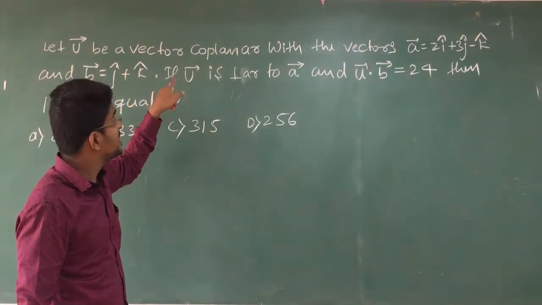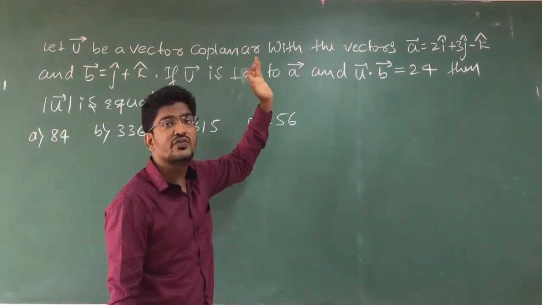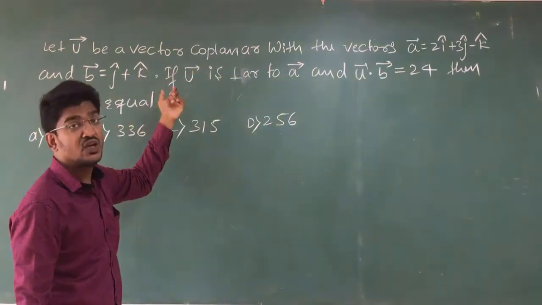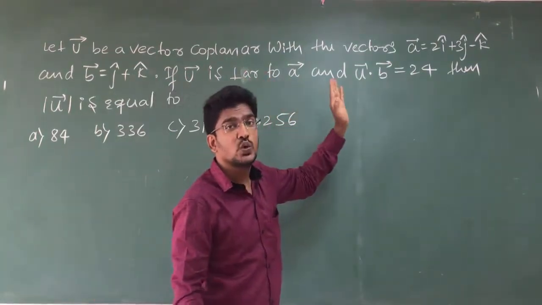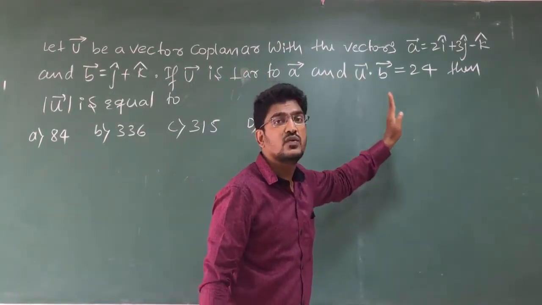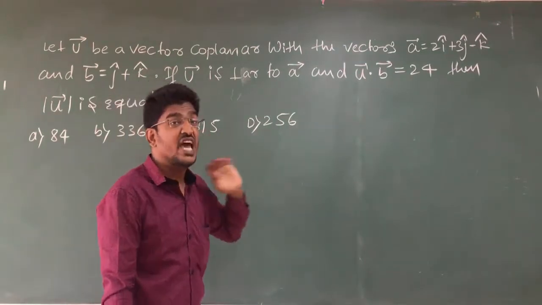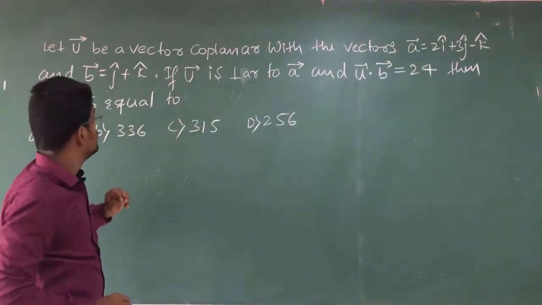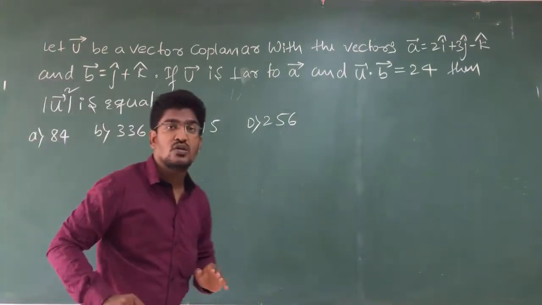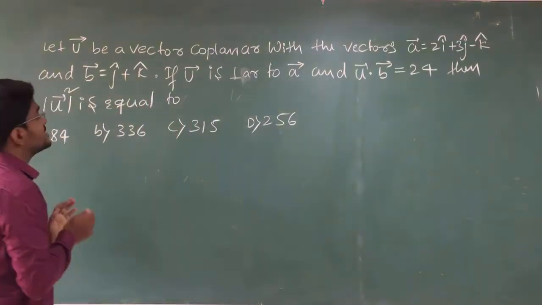If vector u is perpendicular to vector A and vector u dot vector B is equal to 24, then mod vector u square is equal to, they are asking. Okay, please understand the question.